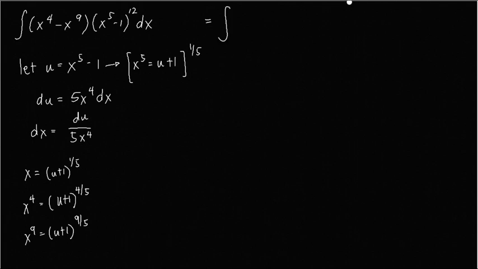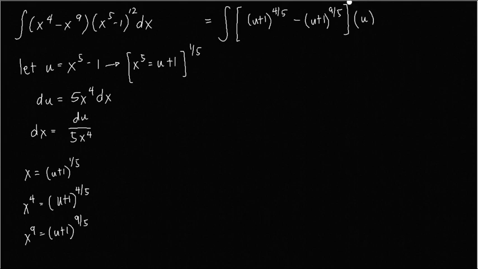So, this will be the integral of x raised to 4. That is u plus 1 raised to 4 fifths. Okay, so let us open this parenthesis. Minus the quantity u plus 1 raised to 9 over 5 times, okay, x raised to 5 minus 1 is our u.